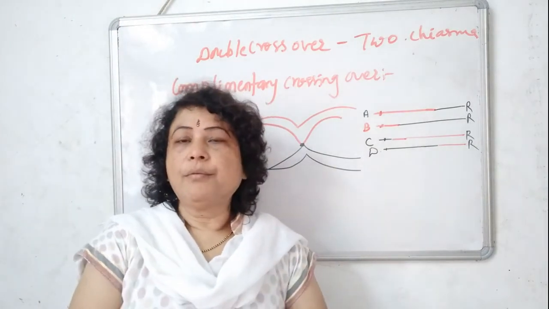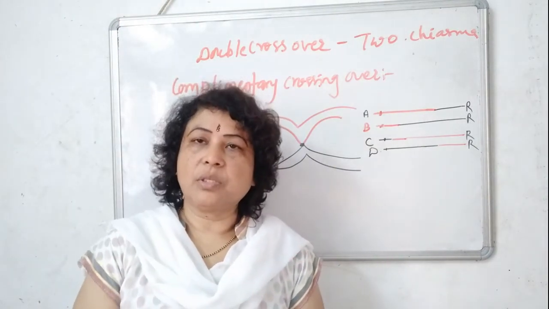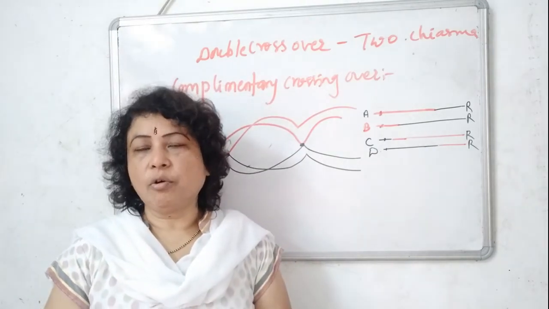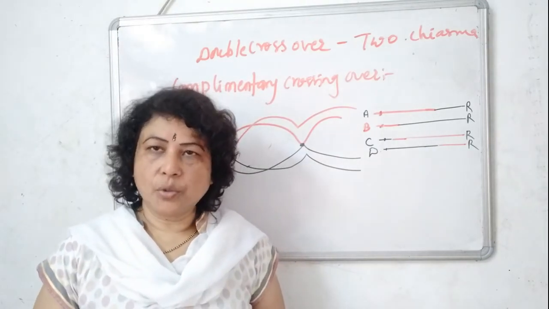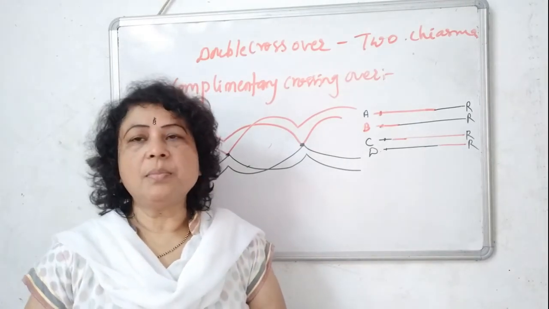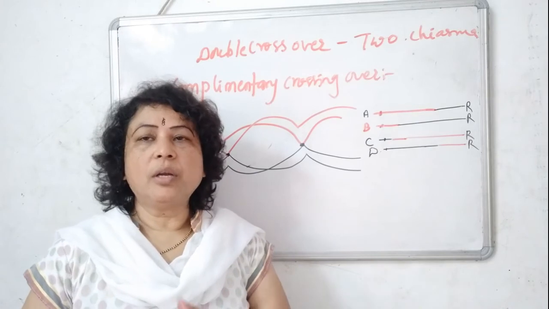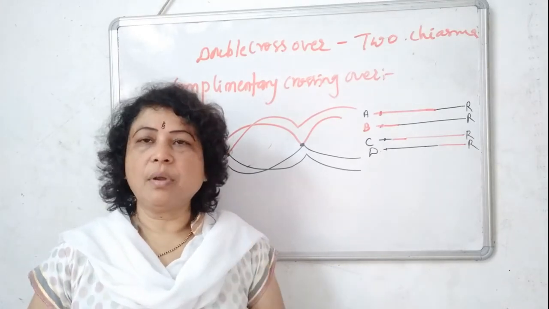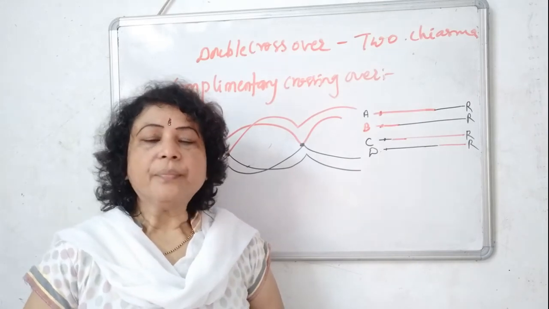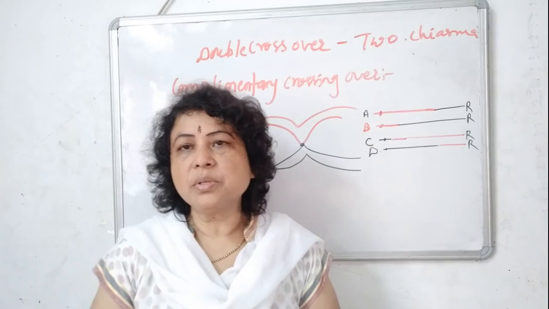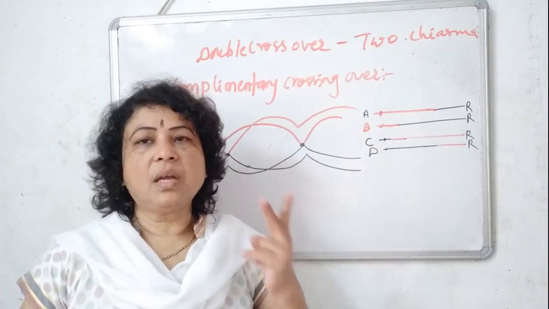So today we have discussed crossing over. Crossing over means the exchange of segments of non-sister chromatids. It may be a single crossover or a double crossover. The single crossover means the chiasma is produced at one place, and the double crossover means two chiasmas are produced. There are again two types.